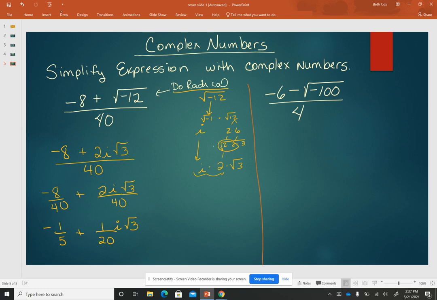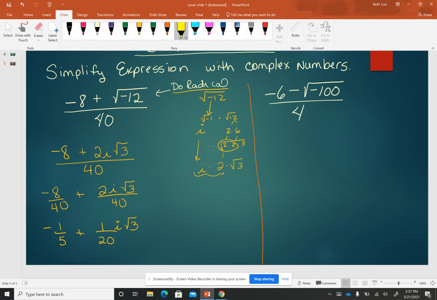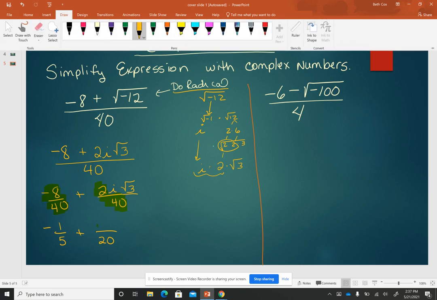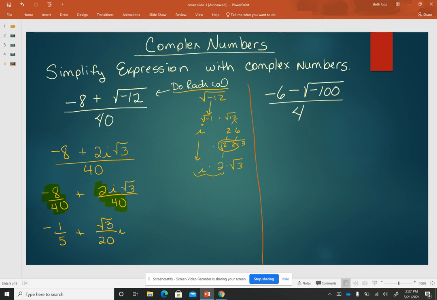Okay, so I reduce my fractions. Let me show you where those are. So here's one fraction and here's the other fraction. I reduced those. Okay, now the thing that you need to pay attention to is that I don't have to write it like that. I can write it with just the square root of 3 and then the i. There we go for that one.